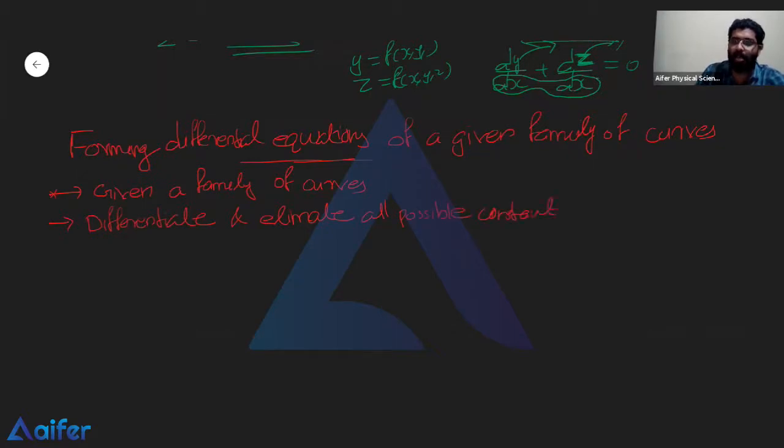The family of curves may contain some constants, and you have to eliminate them. You can either substitute, or through differentiation that constant may vanish. In some manner you can eliminate it, and once you eliminate the constants, we can construct the differential equation. So differentiate and eliminate the constant. That is the major part we have to focus on.